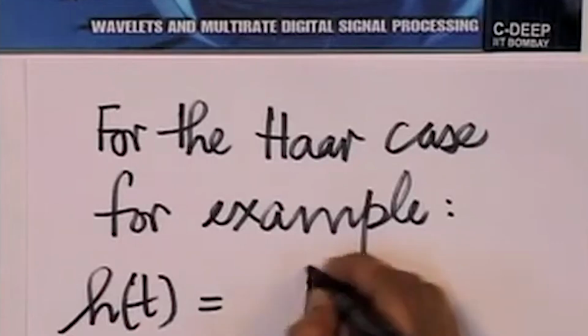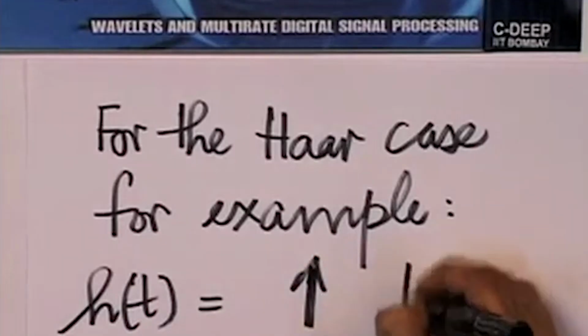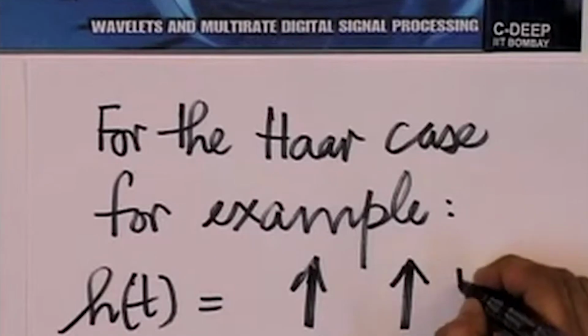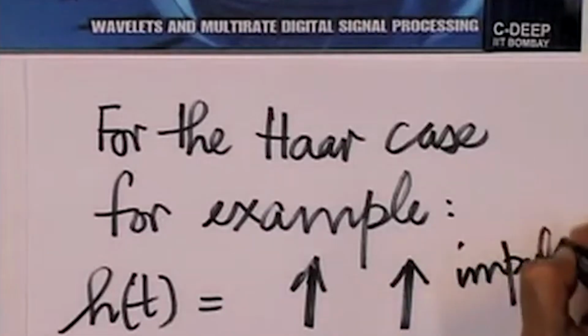There is an impulse at 0 and an impulse, a continuous impulse, remember, at 1. These are impulses as understood in continuous time.